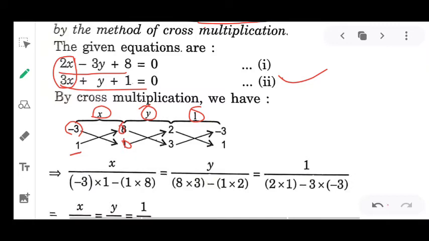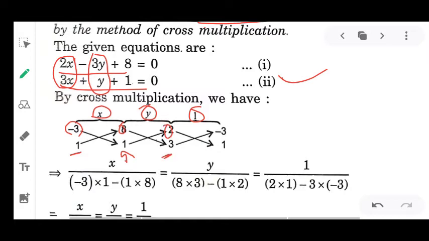Now moving to y, remove the terms which contain the variable y. These are minus 3y and y. Then write the constant part, which is already written here, and write the coefficient of x, that is 2 and 3.